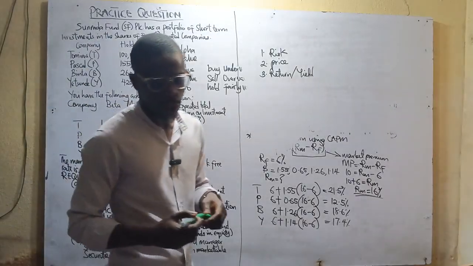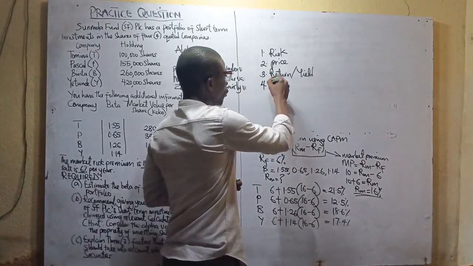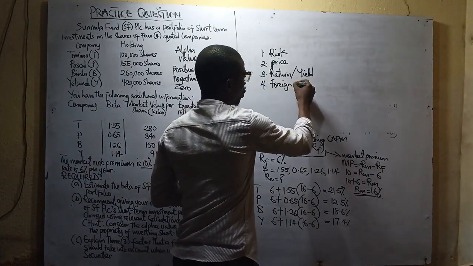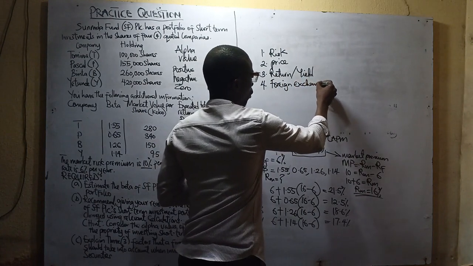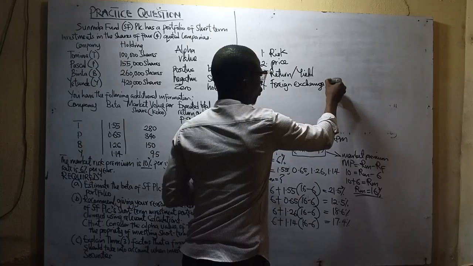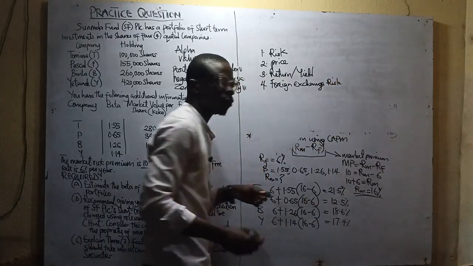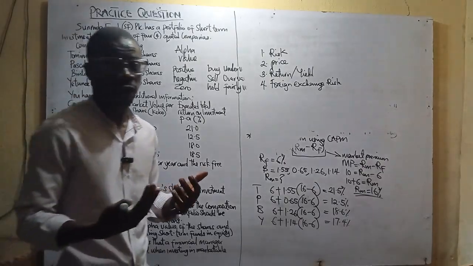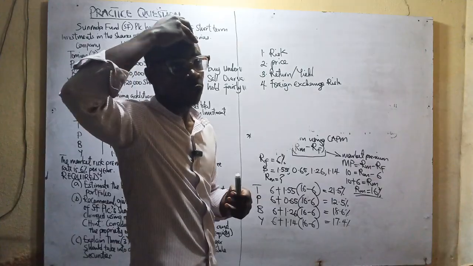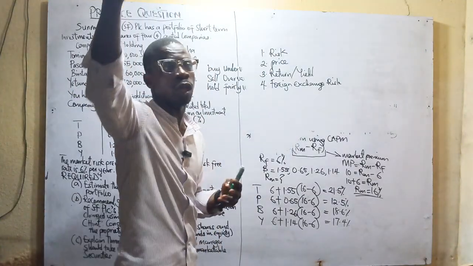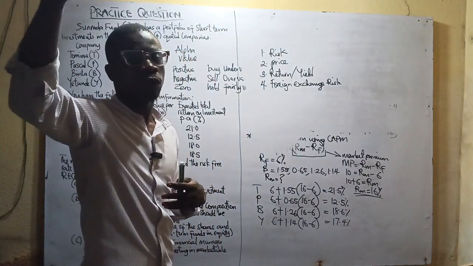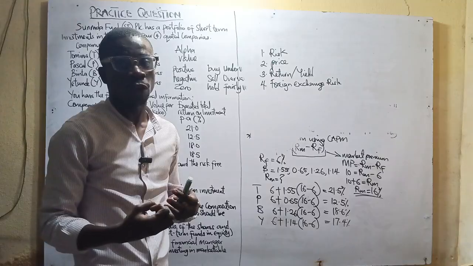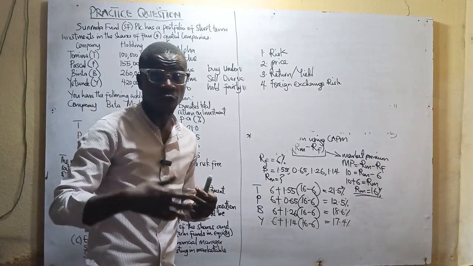Now, what about foreign exchange risks, especially if that marketable security is not in domestic currency. Maybe you want to buy marketable security in the UK. For you to buy it, you will need pounds, so you need to convert your naira into pounds.